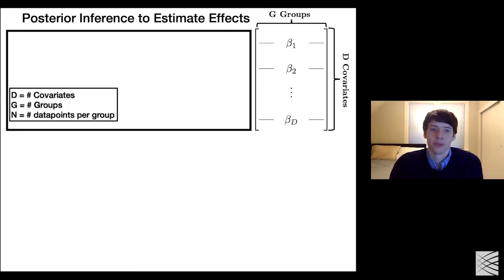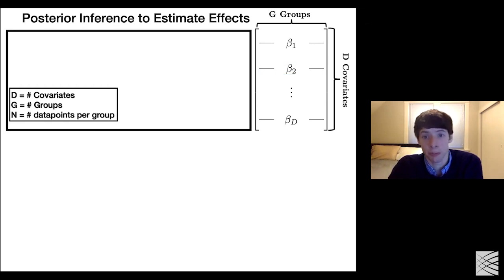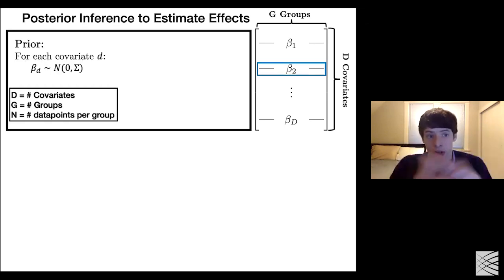Okay, so recapping our notation. We have this matrix of effects beta. There are d covariates, each with an effect for each group, and we have n data points per group. As pieces of our model, we have a prior saying that each of the rows of this matrix comes IID from a normal.